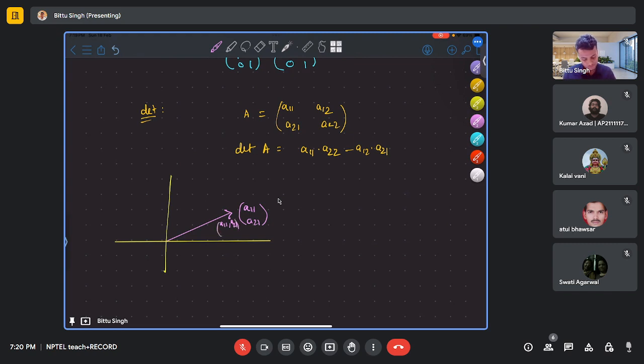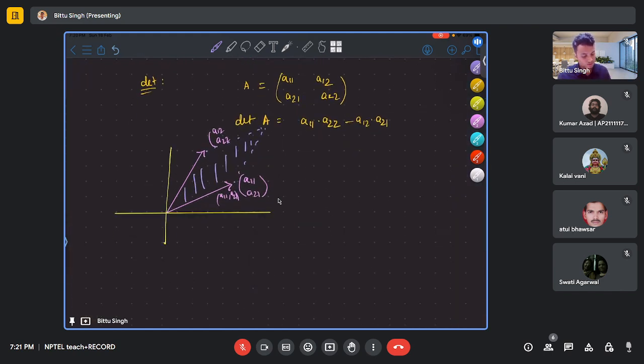Similarly, another vector has coordinates given by the second column, a12, a22. Then the parallelogram formed by these two vectors has an area represented by this determinant.